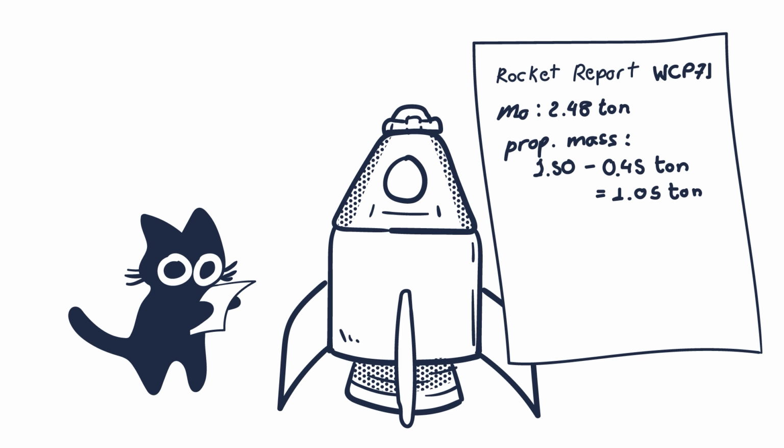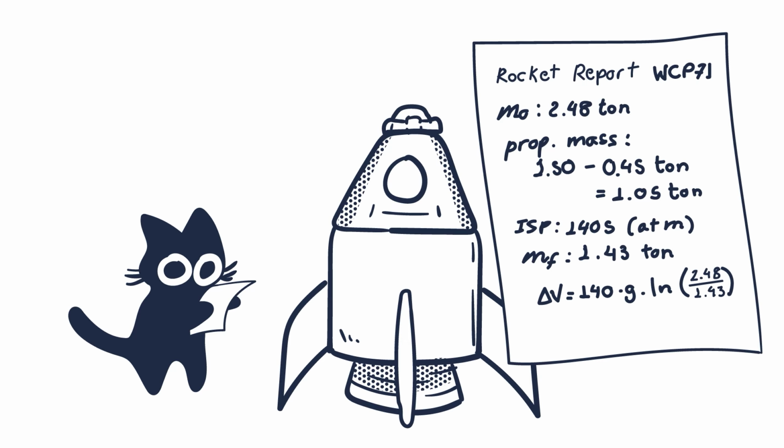The engine's specific impulse is listed as 140 seconds for atmospheric operation. The rocket equation relies on the ratio between the full vehicle and the empty vehicle. By subtracting the fuel from the total, we get a final dry mass of 1.43 tons. Dividing the initial mass by this final mass gives us our mass ratio.